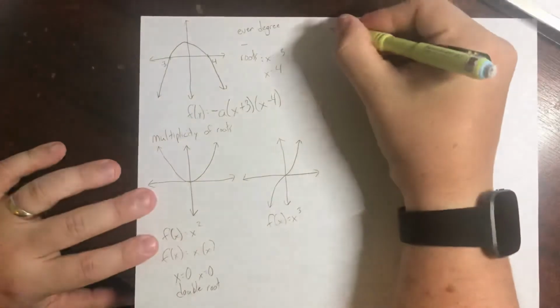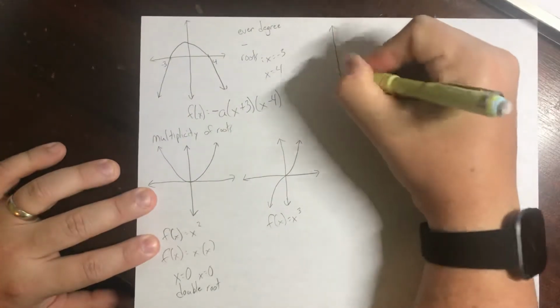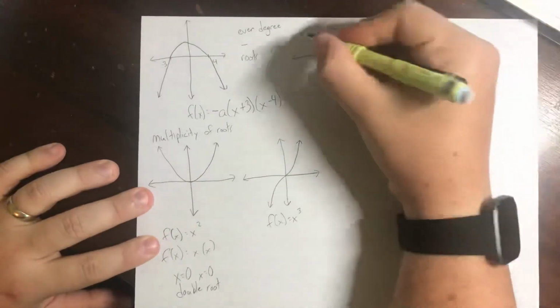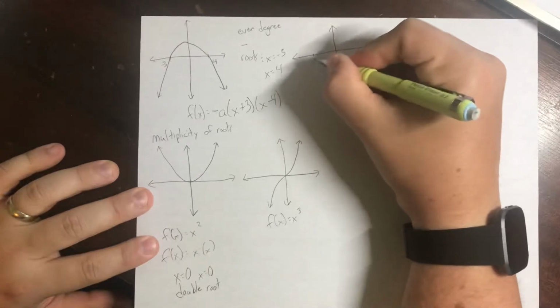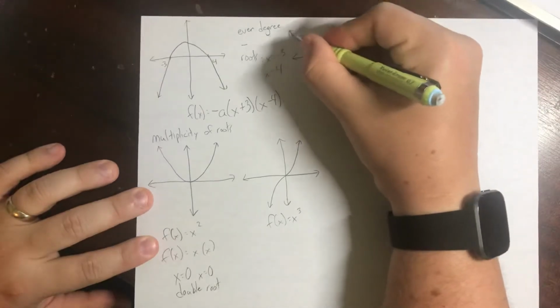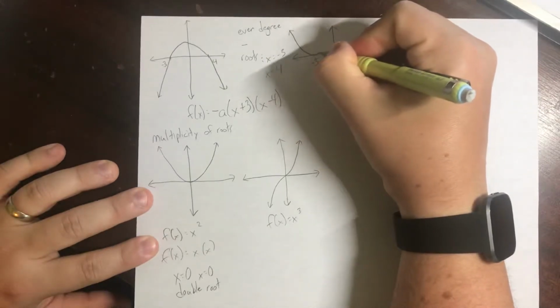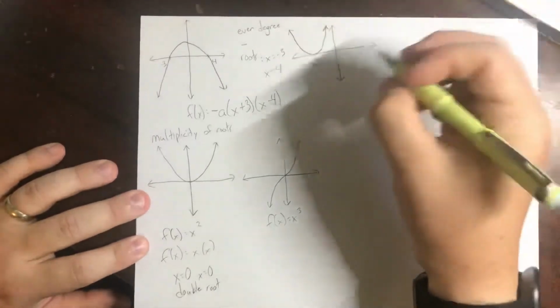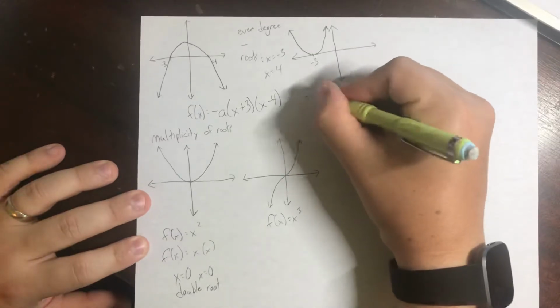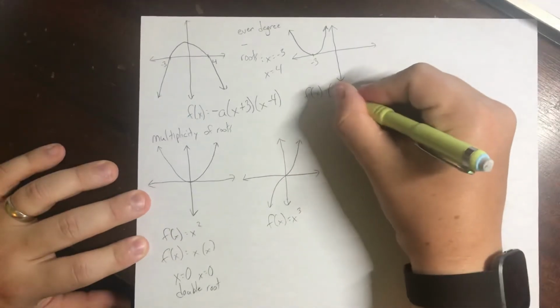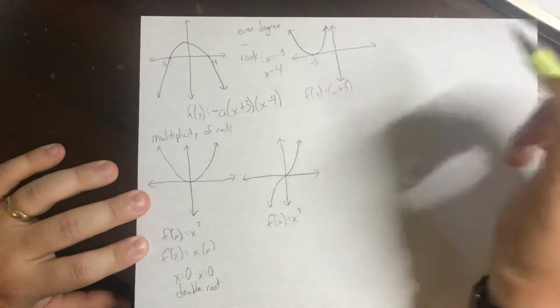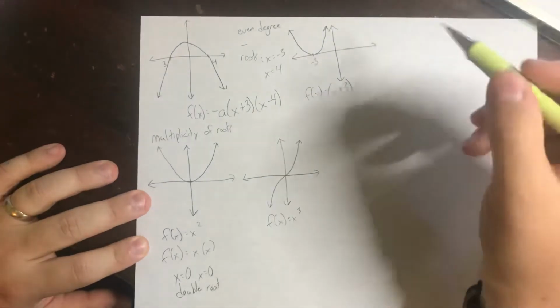So let's look at an example. If we had a graph, let's say this is -3 again, and you have a graph that comes down and just touches there and continues up. Well, we know this is f of x equals x plus 3, because our root is at -3, so we use the opposite sign.